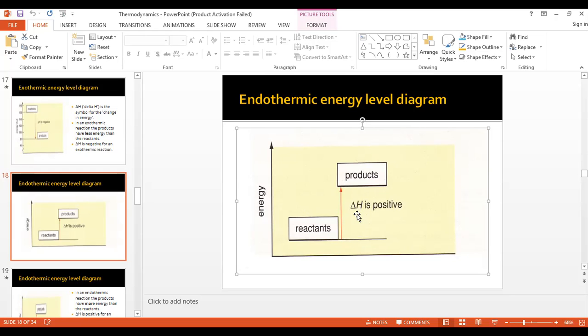And now is delta H positive or negative? Positive. In the case of an exothermic reaction, delta H is negative. It means exothermic and endothermic are opposite of each other. Is it? Yes, both are opposite.